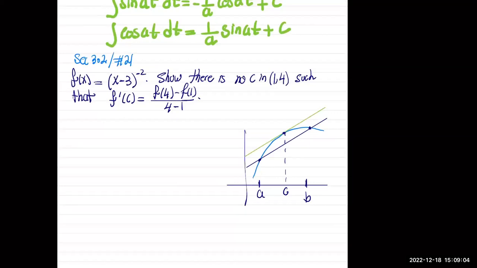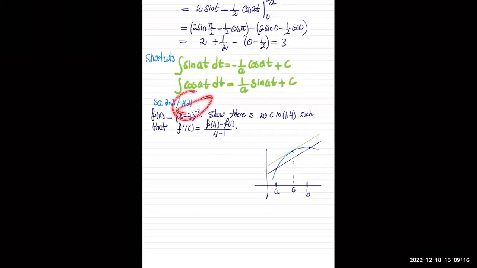If the function is continuous on 1 to 4 and differentiable between 1 and 4. And guess what? This function, guys, is not continuous on 1 to 4 because 3, which happens to be inside 1, 4, is going to mess this up.